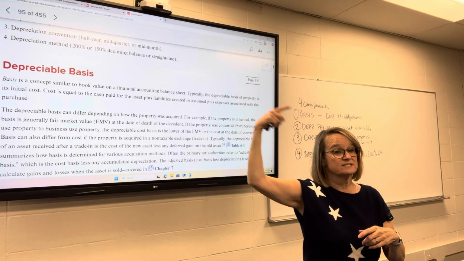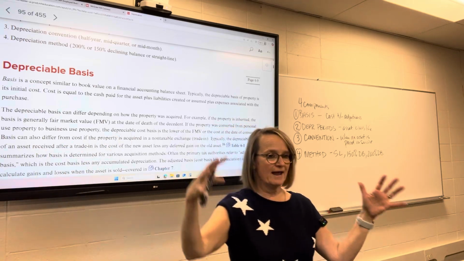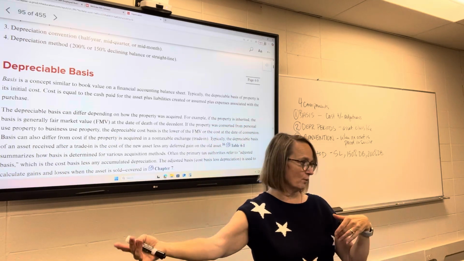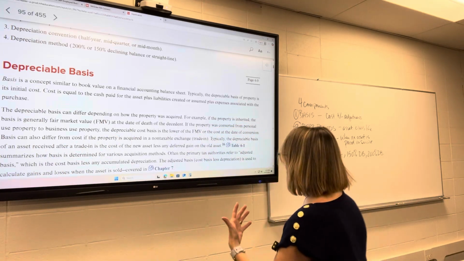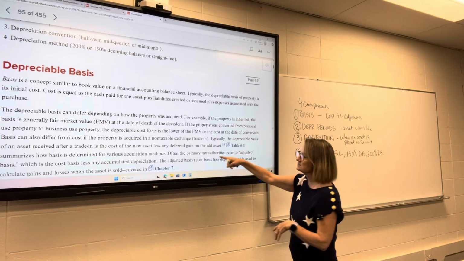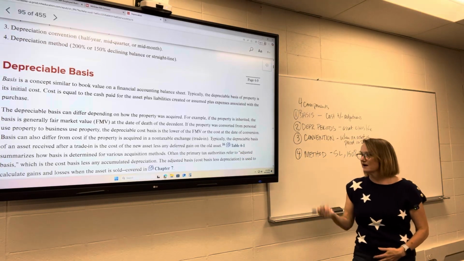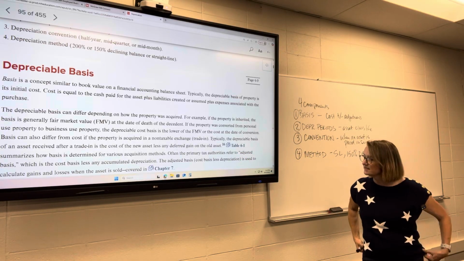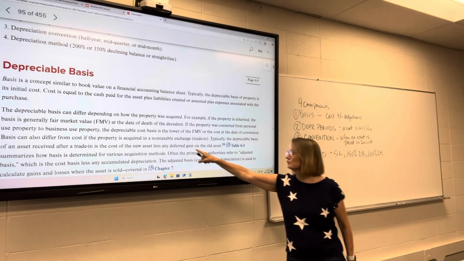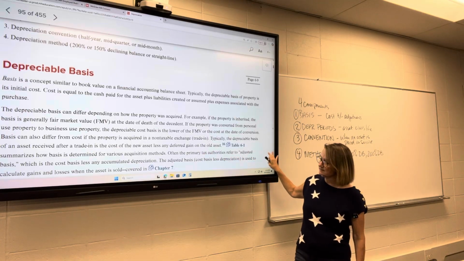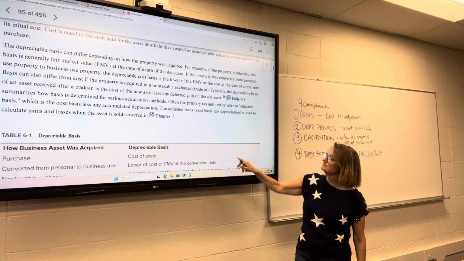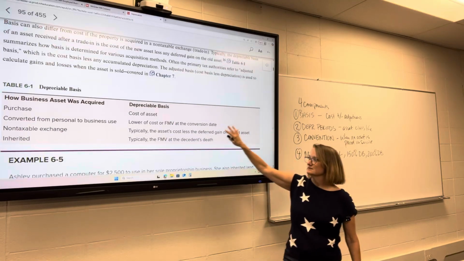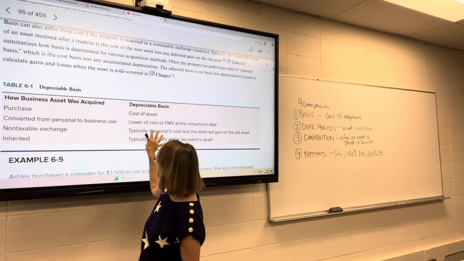So ultimately, when I sell the next building, I'm going to have to recognize that gain at that point. So that's what they're talking about there. So depreciable basis of an asset received after a trade-in, the cost of the new asset less any deferred gain on the old asset. So here's kind of a list of how the basis is determined.